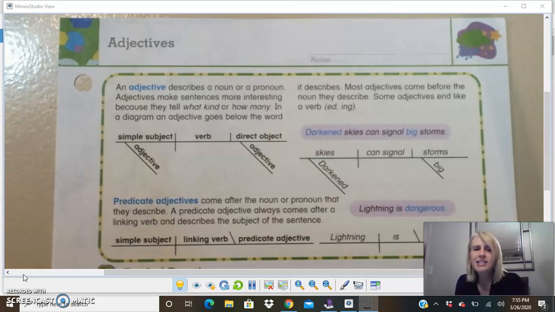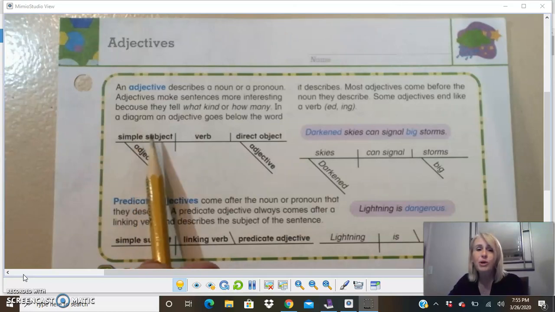So let's look at the top of page 231. An adjective describes a noun or a pronoun. Adjectives make sentences more interesting because they tell what kind or how many. In a diagram, an adjective goes below the word it describes. Right here, you can see that the simple subject would go here, and if there's an adjective describing the simple subject, it would go right here.